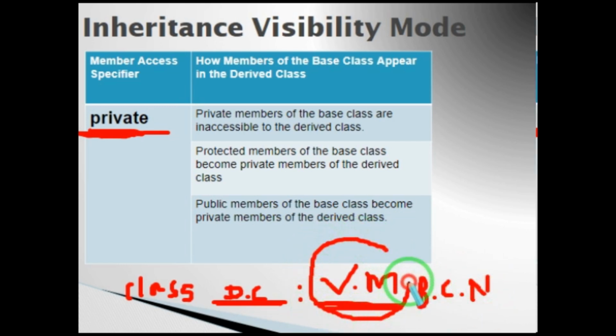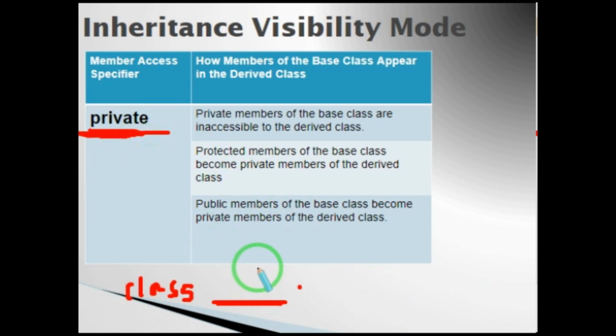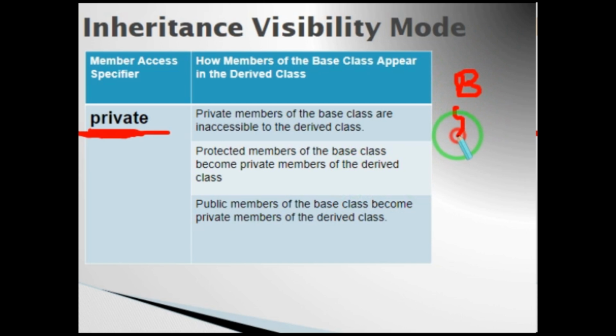Okay, so this is the syntax for the inheritance. Now we are going to discuss what is the effect of visibility mode. So if I use this private visibility mode here, what happens? See carefully. In a base class there are three types of specifier you can use: public, private or protected.